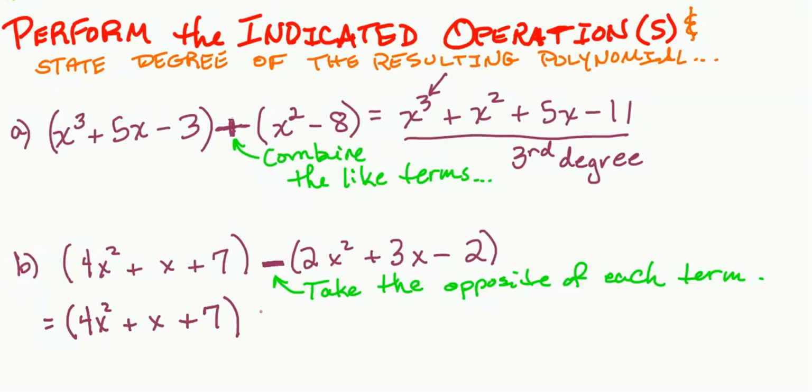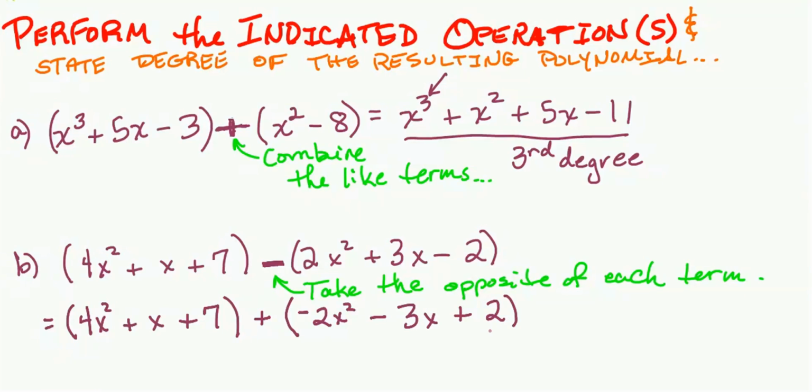Once we take the opposite, or we can also say we're distributing the negative, it will become a plus. It will become an addition problem, adding the opposite of the polynomial in the parentheses. So it becomes a negative 2x squared in parentheses, a minus 3x, and plus 2.